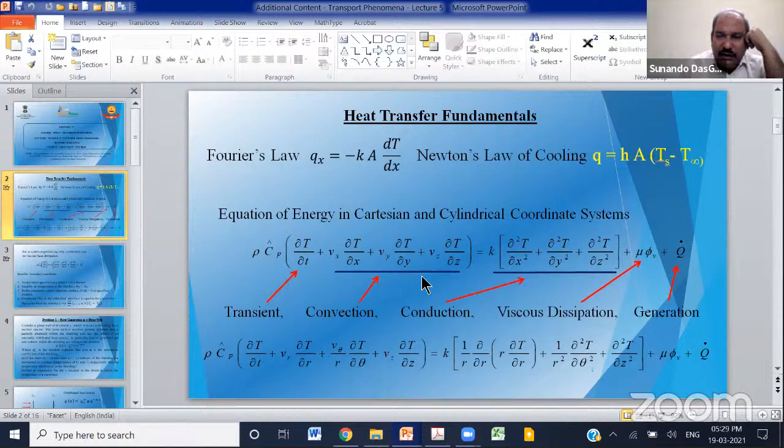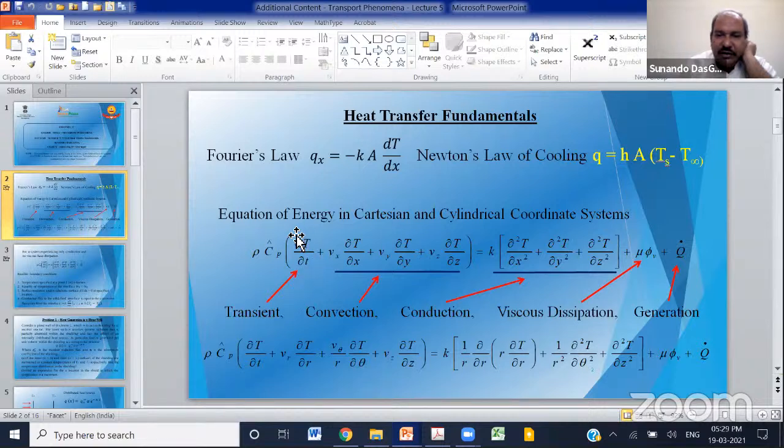Now, I have also derived in the class the energy equation, and let's talk about the energy equation in Cartesian coordinates. On the left side of the energy equation, if you recollect, del temperature by del time is the transient term.